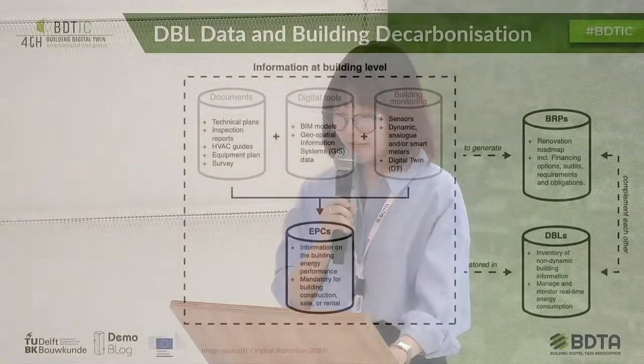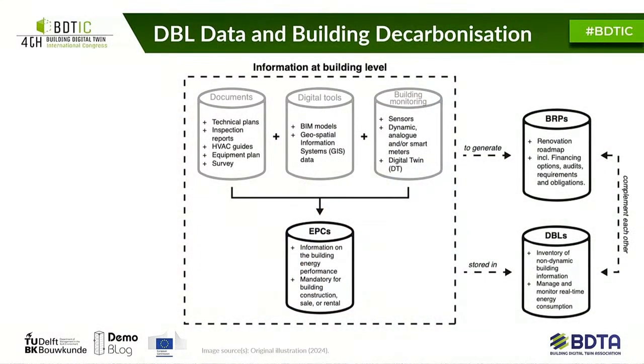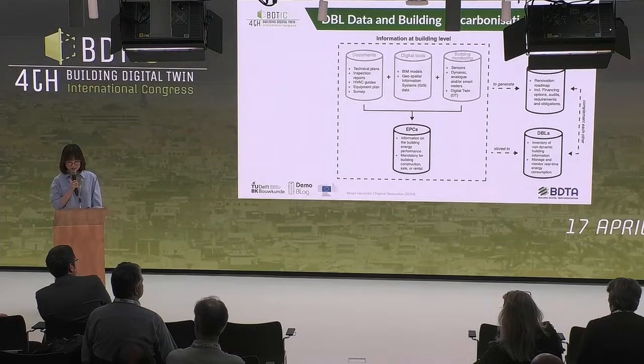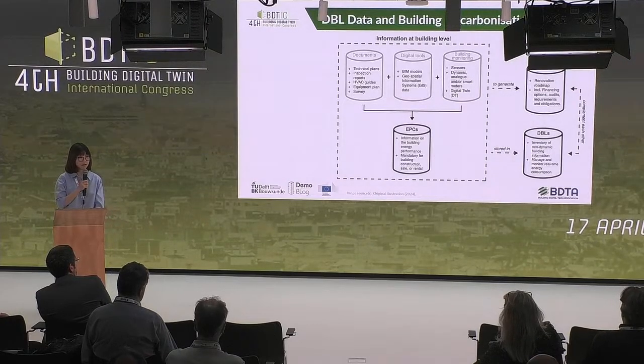When stored in the DBL, the type of information that can evolve over time can range from the available financing options for renovation projects, such as green loans and government incentives, to energy bills, smart meter data, equipment maintenance requirements, as well as insurance, property plans, and obligations.